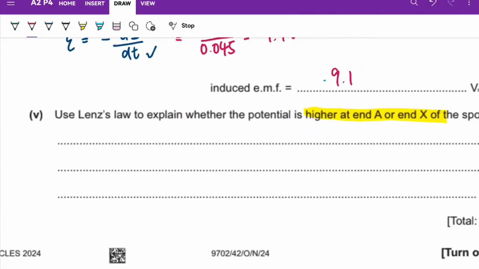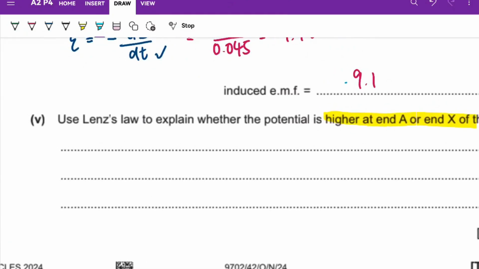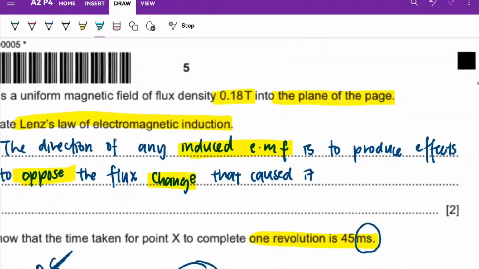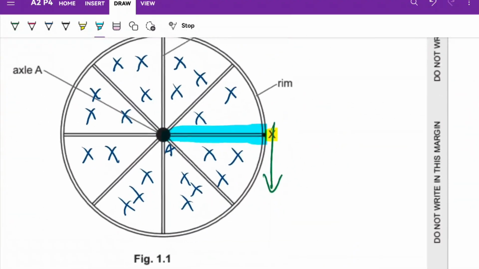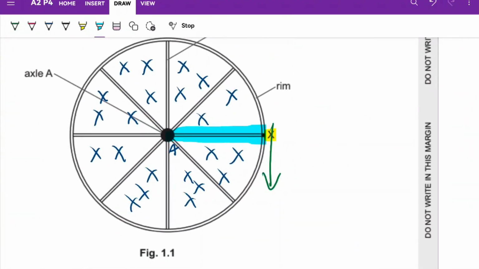Use Lenz's law. We have defined Lenz's law here, saying that the direction of any induced EMF is to produce effects to oppose the change that caused it. So, if now this rim is moving clockwise, Lenz's law says it has to oppose the change.